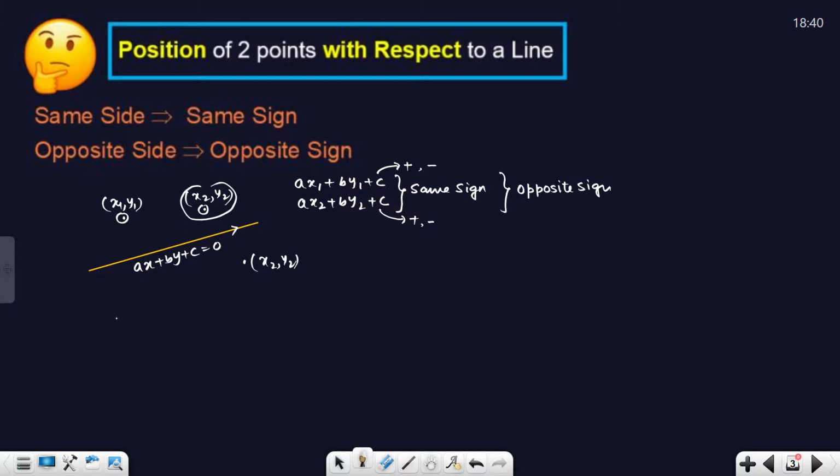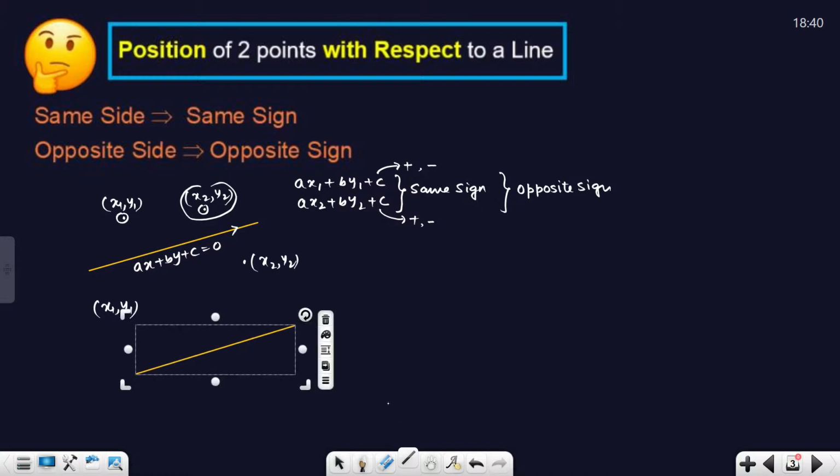Now suppose we have been given only 1 point, x1, y1, and the line is given to us. The equation of the line is, again, the same one.